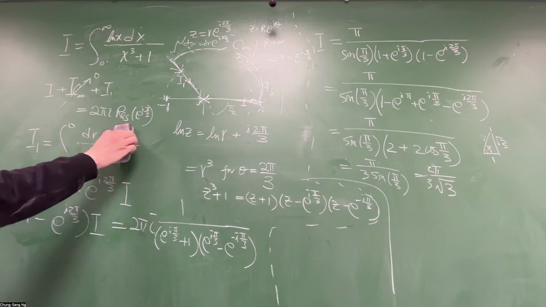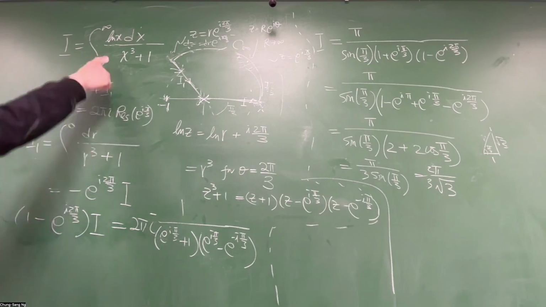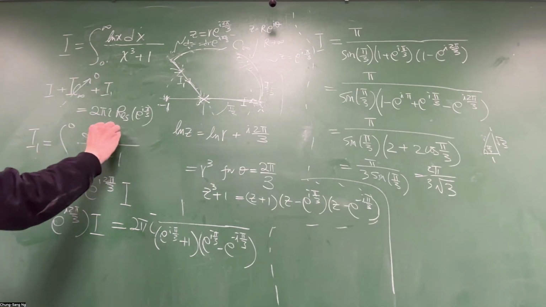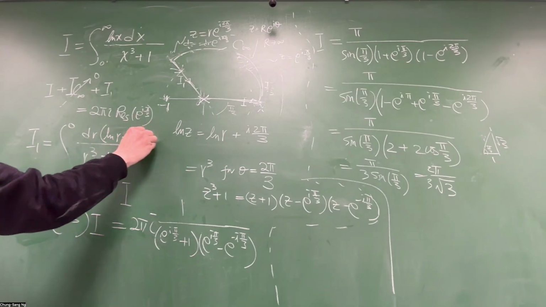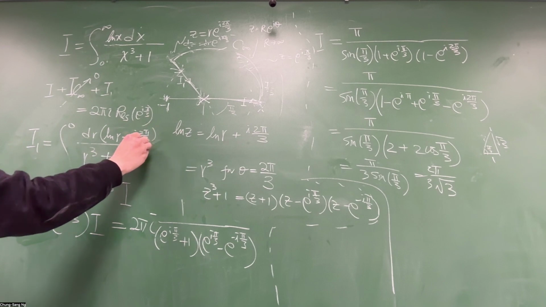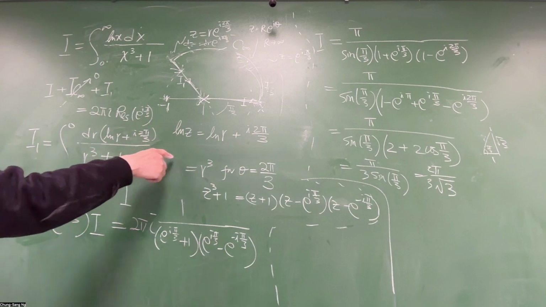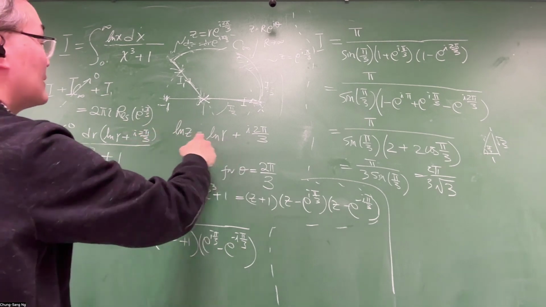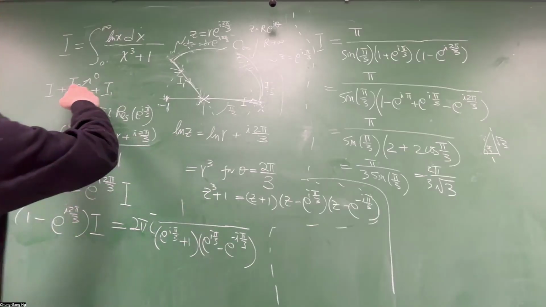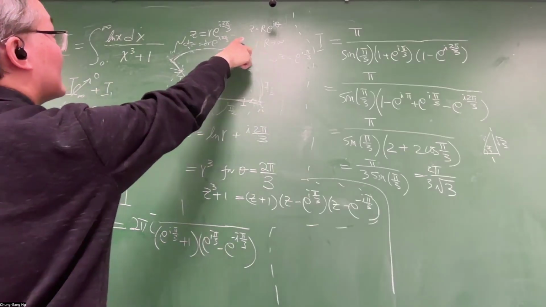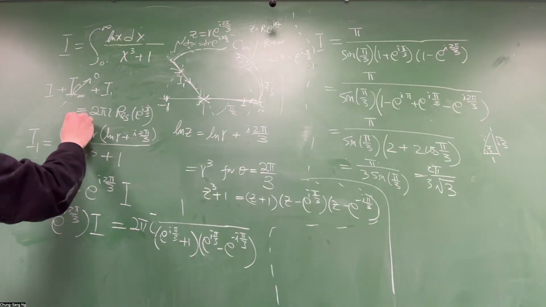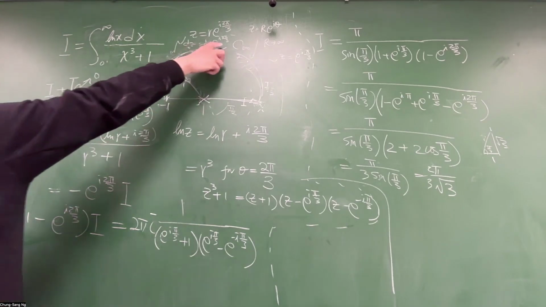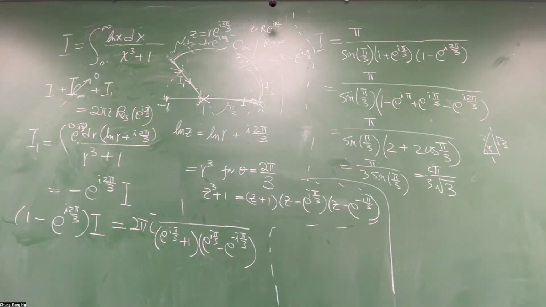So now you have the log r plus 2 pi i, and then you don't forget the dz. dz has e to the i 2 pi over 3, that phase is still here, right?